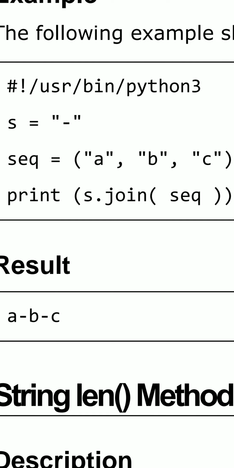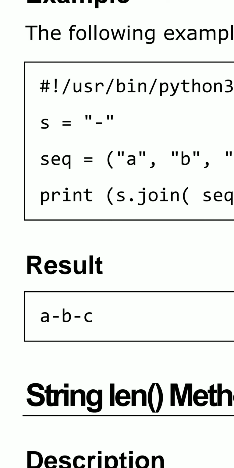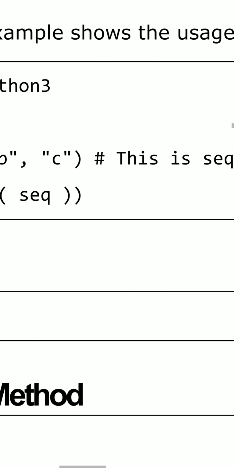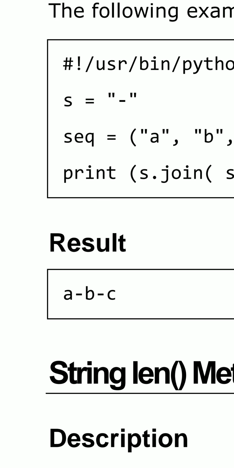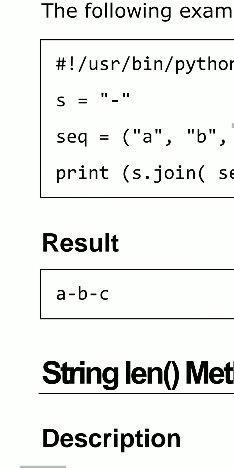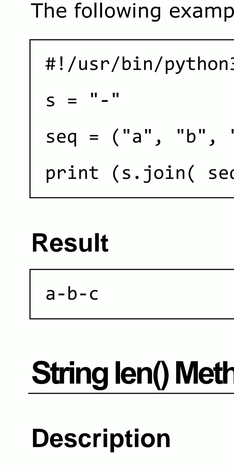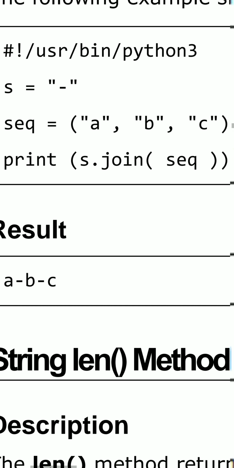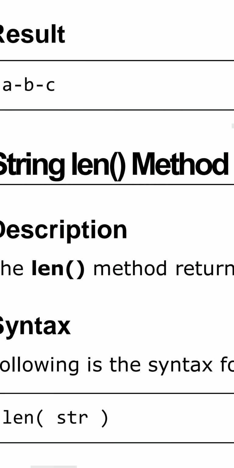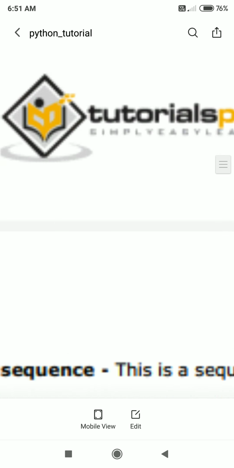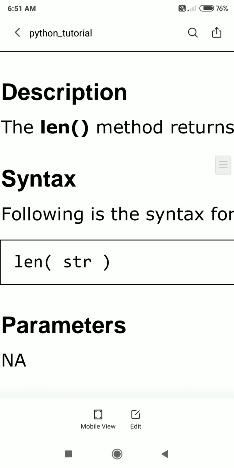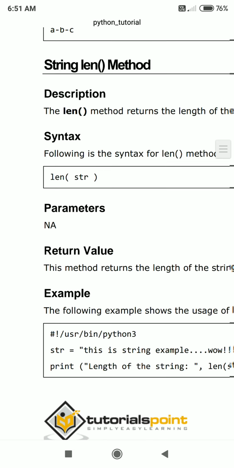While calling this method and printing it onto the output screen, we get the output: a separator b separator c. That means a, b, c are three different strings, separated by using the separator. So this is about how the join method joins all the strings collectively.